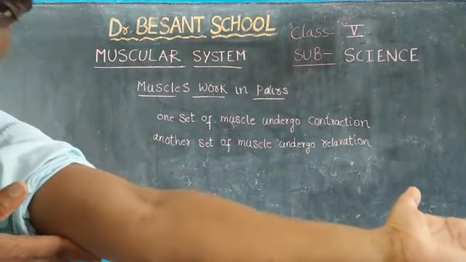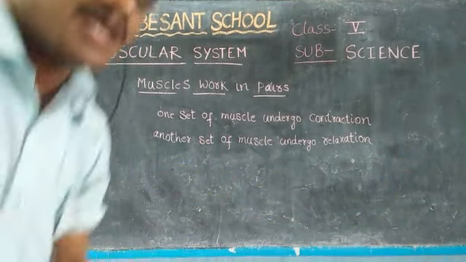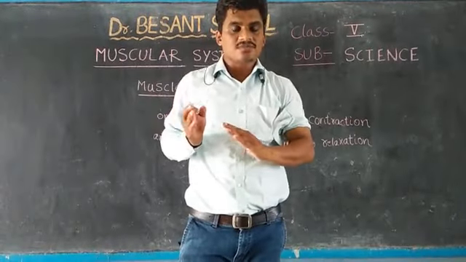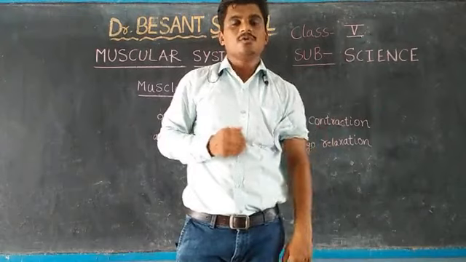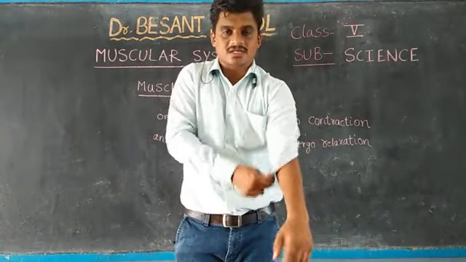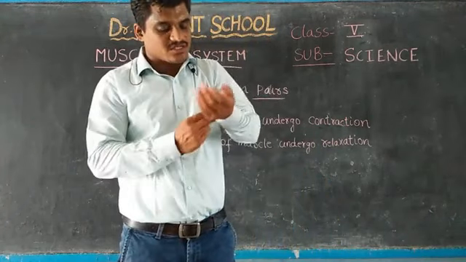In this way, the muscle undergoes contraction as well as relaxation. When it undergoes contraction and relaxation, it pulls the bones. In this way, it helps in the movement of different body parts. I hope you understood the concept, everyone.